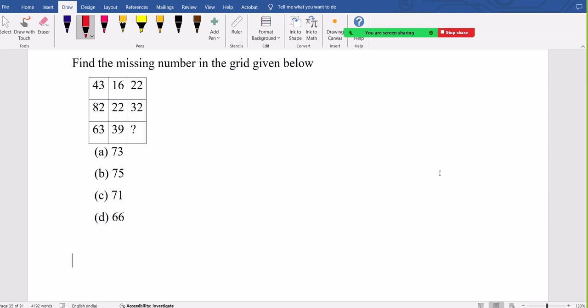Which is a multiple? 63 is a multiple of 7 and 9. 39 is 3 and 13. I'm just trying to bring any possibilities there. 43, 16, 22. Let's try this.